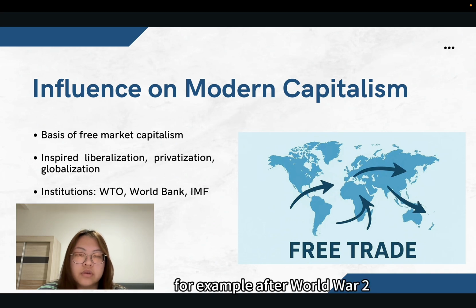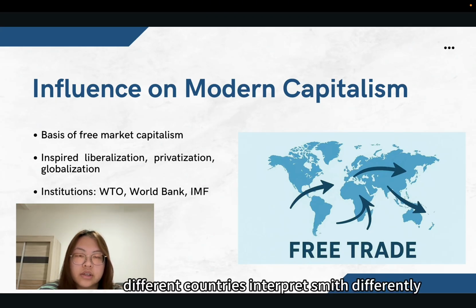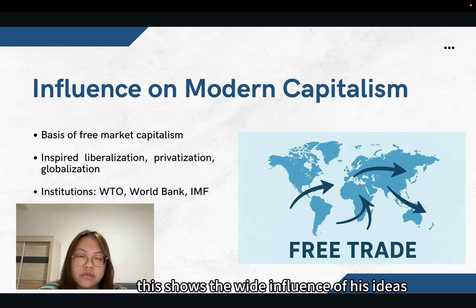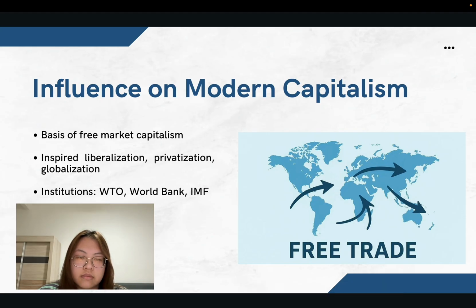For example, after World War II, countries that opened their economies to global trade experienced faster growth. Different countries interpret Smith differently. The United States emphasized the free market under Reaganomics, while Nordic countries combine free markets with strong welfare systems. This shows the wide influence of his ideas.